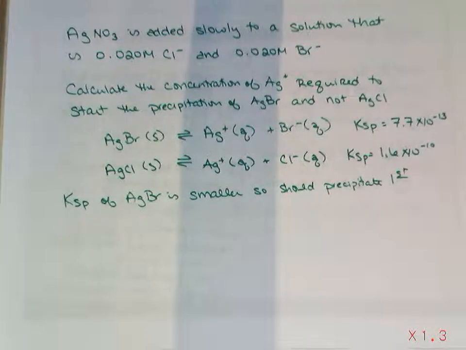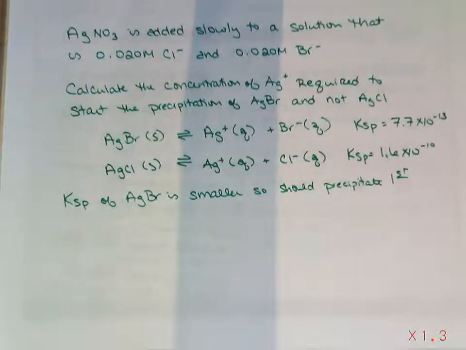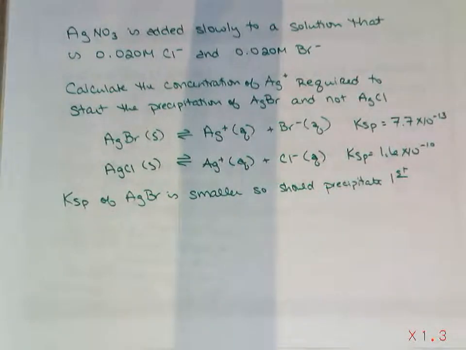Which is good, because I want to be able to precipitate the silver bromide and not the silver chloride. Otherwise they'd both go together, and then you'd have to reverse it. You can do it, it would just be a lot more work.